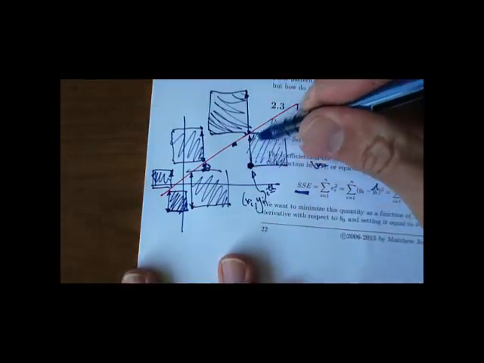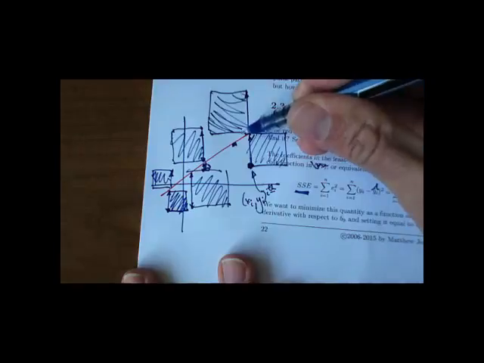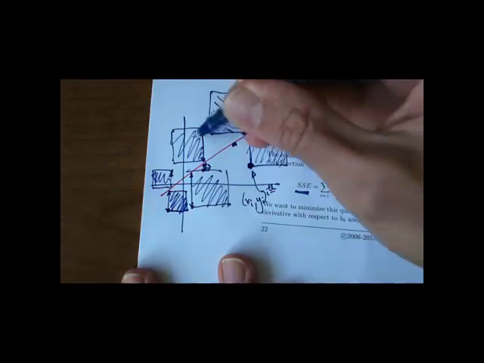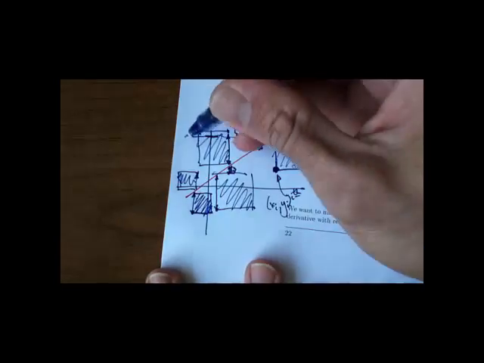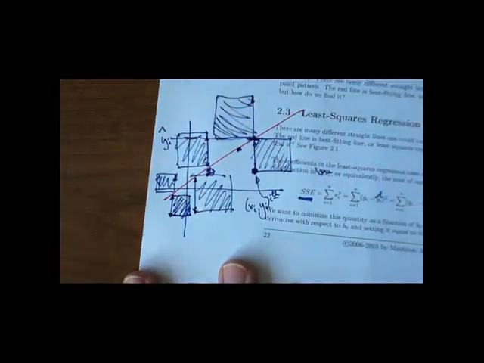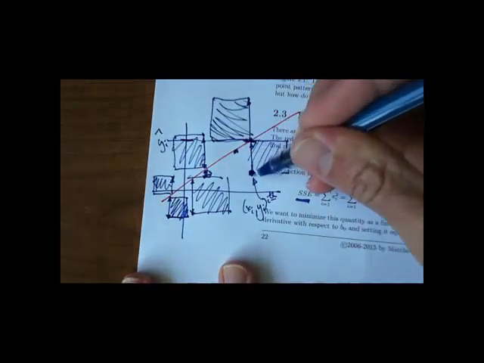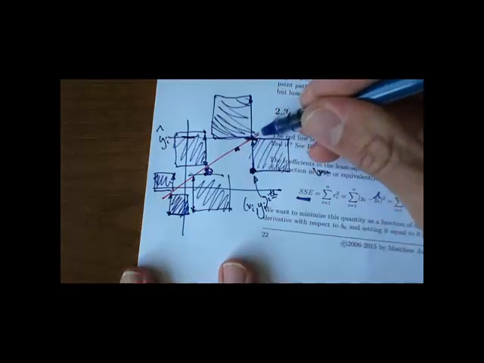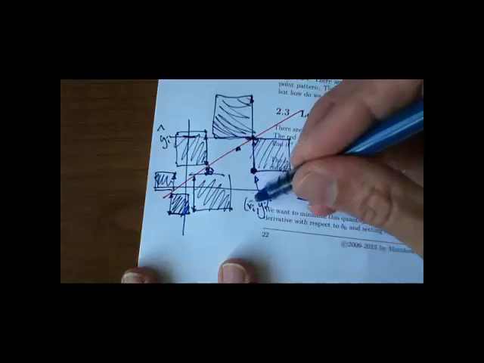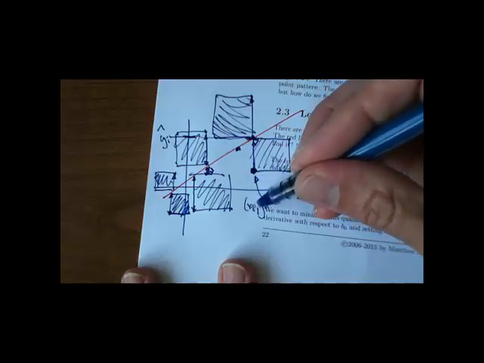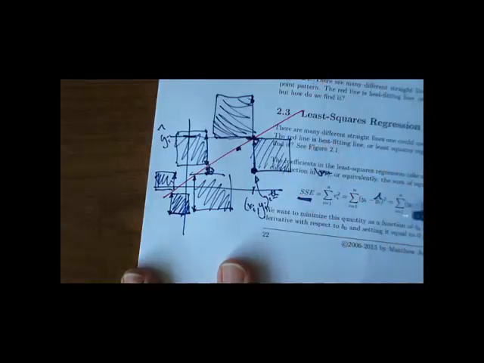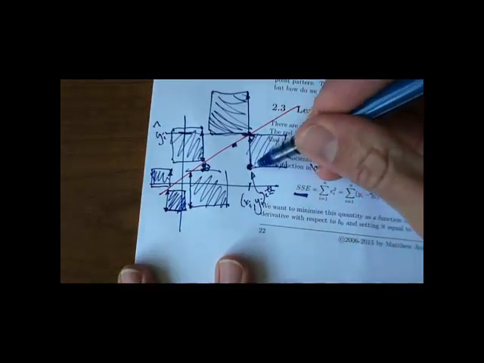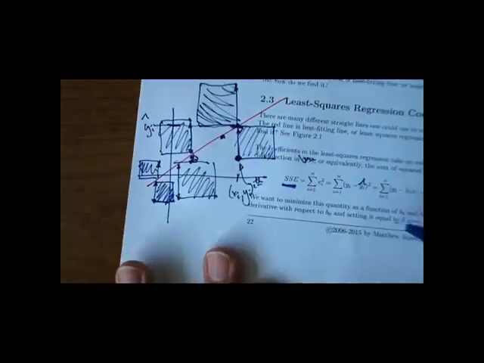This height here, this value here, will be yi hat. You can think of it as the value that the line predicts to be the response value if the independent variable is set to here. So the error is just this minus this, in which case that would be negative.